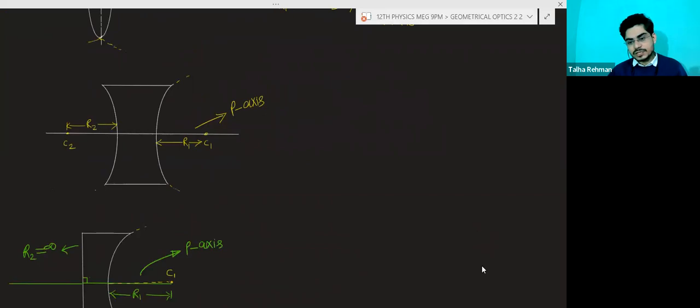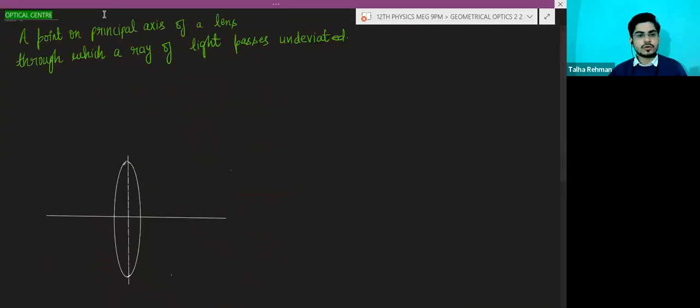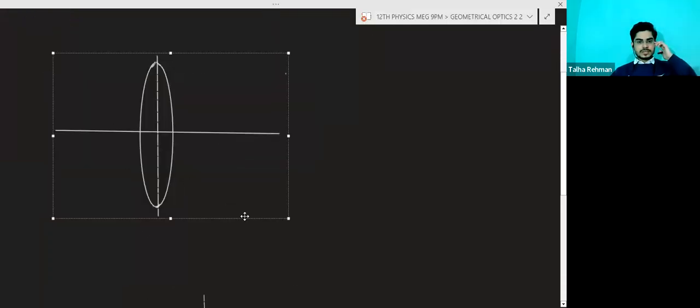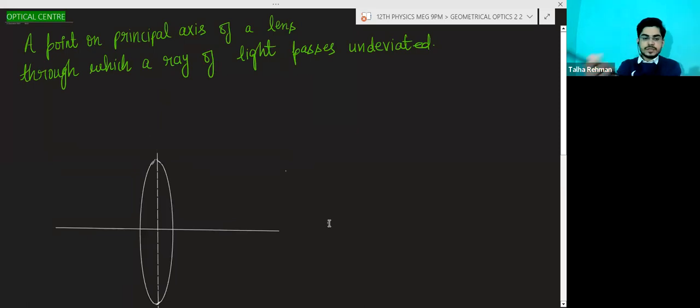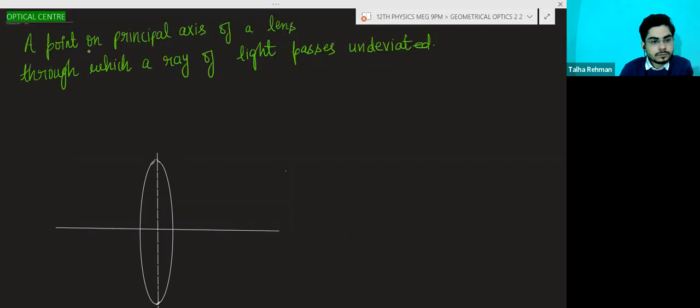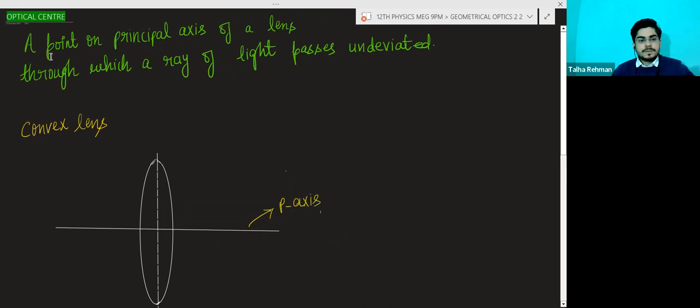After this, we will discuss what is the optical center. First we will define it for the convex lens. This is a convex lens. This is the principal axis. Optical center: a point on the principal axis of a lens through which a ray of light passes undeviated.